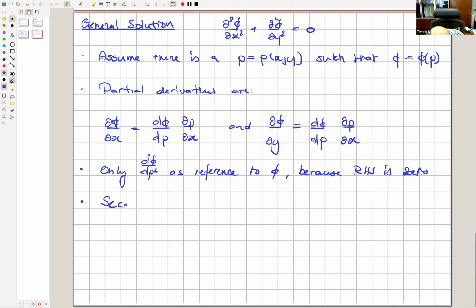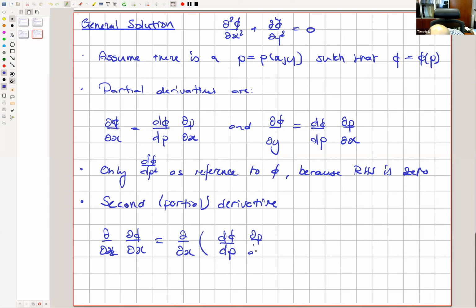The second partial derivative gives me the following. So for example, if I do partial x of partial phi partial x, that is simply partial x of d phi dp times partial p partial x.